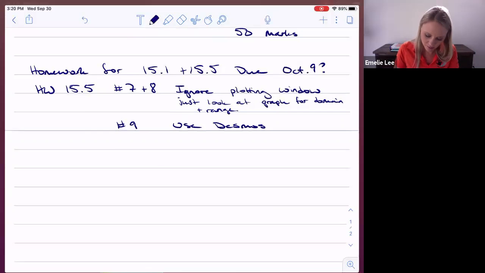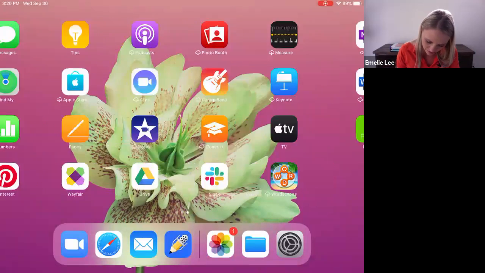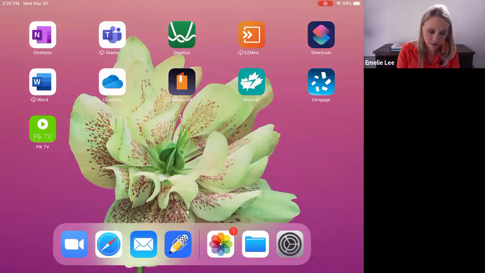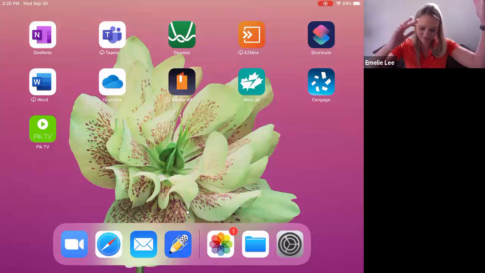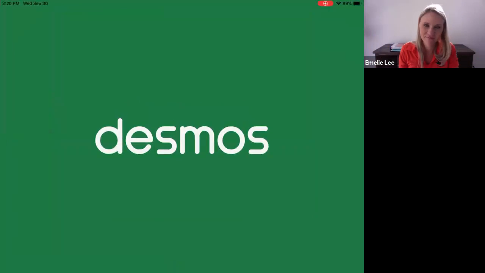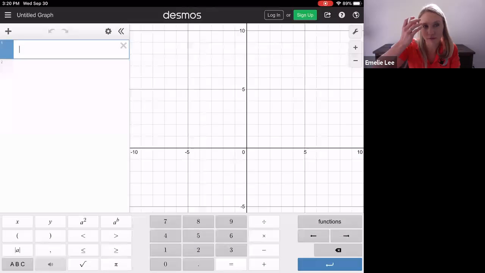So Desmos is a free app. Where is it on here? Here. Well, I don't have a pointer, but it's the green one with the lines. It's just a free app. You don't even need to make an account or anything.